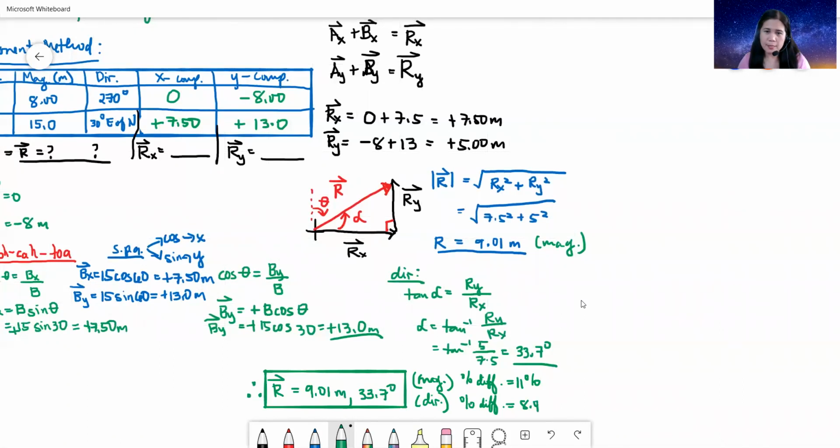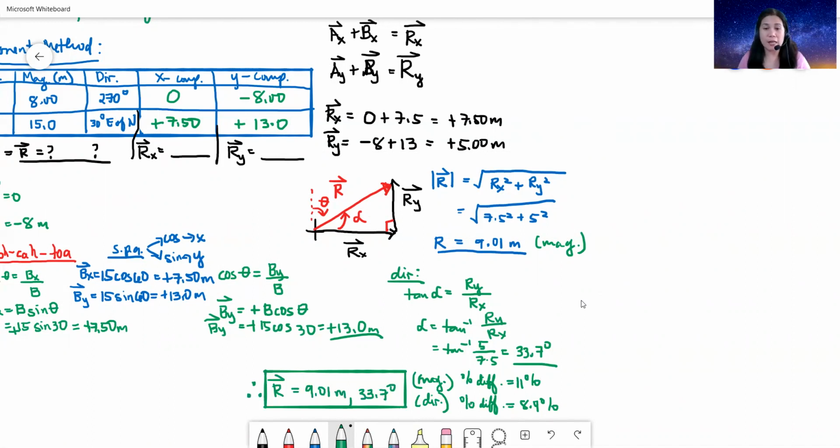So our answer is closer in the direction. You will learn more in your lab what the physical meaning of percent difference is. We always calculate the percent difference if we want to compare the nearness or the difference between two results using two different experimental methods.